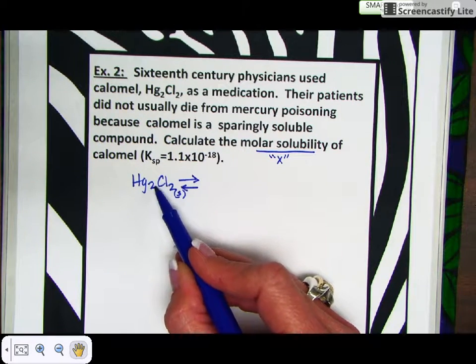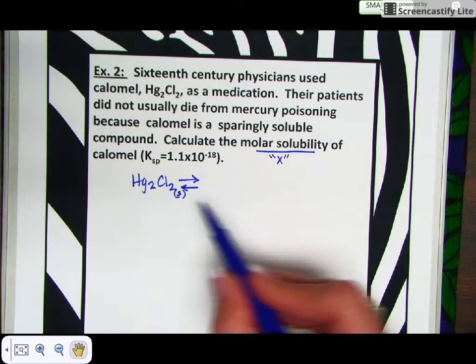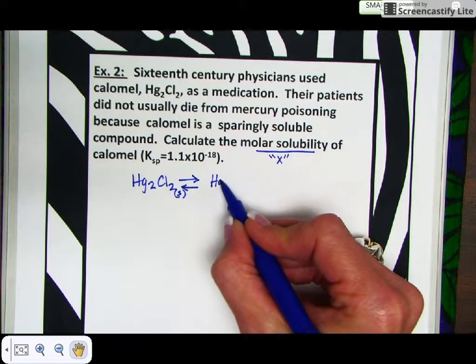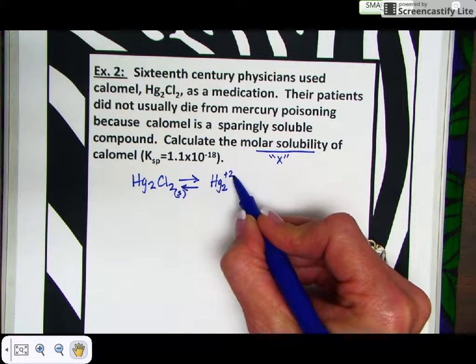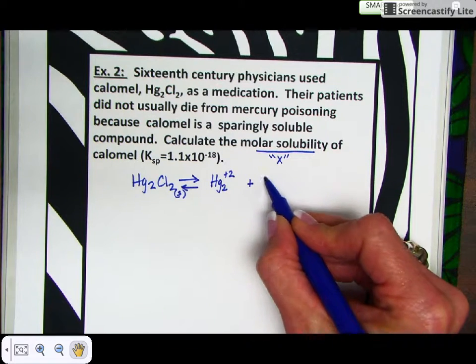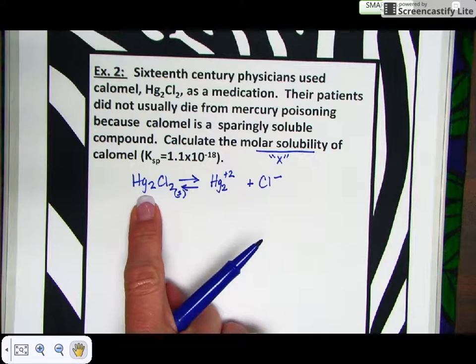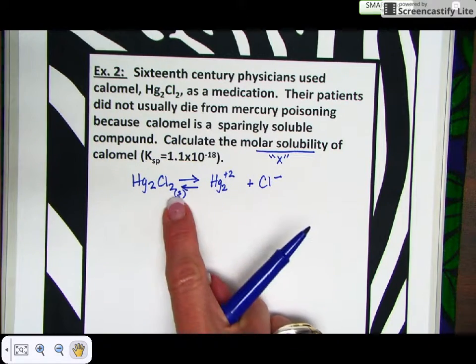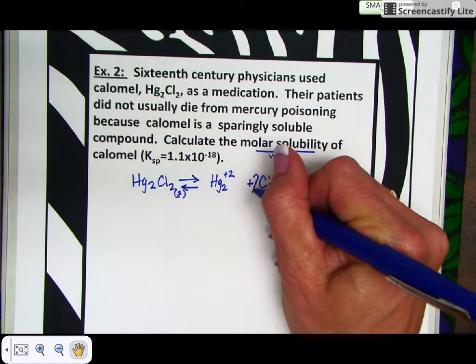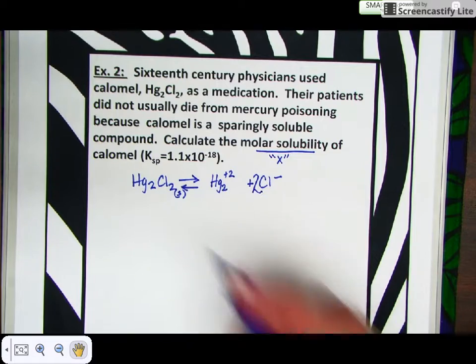Mercury 1 is actually a polyatomic ion, and the formula for mercury 1 is Hg2 with a +2 charge. This is the mercury 1 ion, and chloride is Cl-1. There are 2 mercuries here and here, so that's good, but there are 2 chlorines here, so we have to put a 2 there. Make sure you balance your equations. That can be a sticking point on this one.